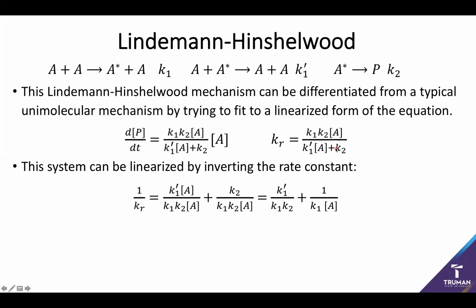So what we can then do is try and linearize this equation by taking the inverse of this rate constant, which then lets us flip the right-hand side of our equation. Most specifically, the reason why this is beneficial is it lets me split apart this pesky addition term into two expressions, being K1 prime times the concentration of our reactant over K1, K2 concentration of reactant.